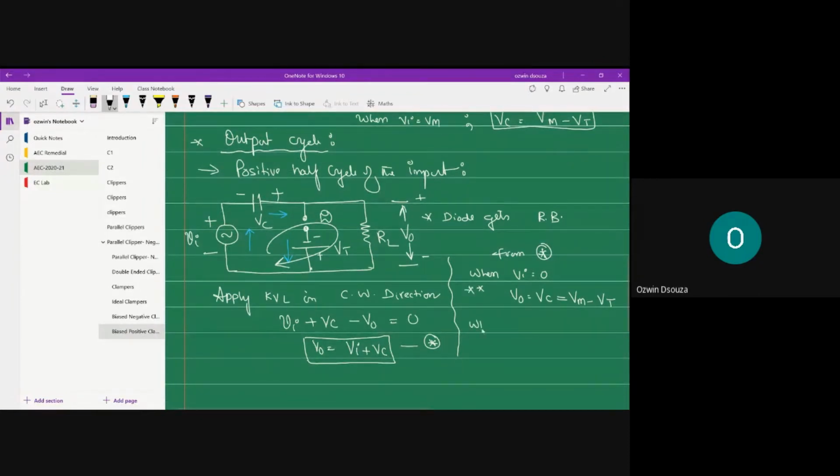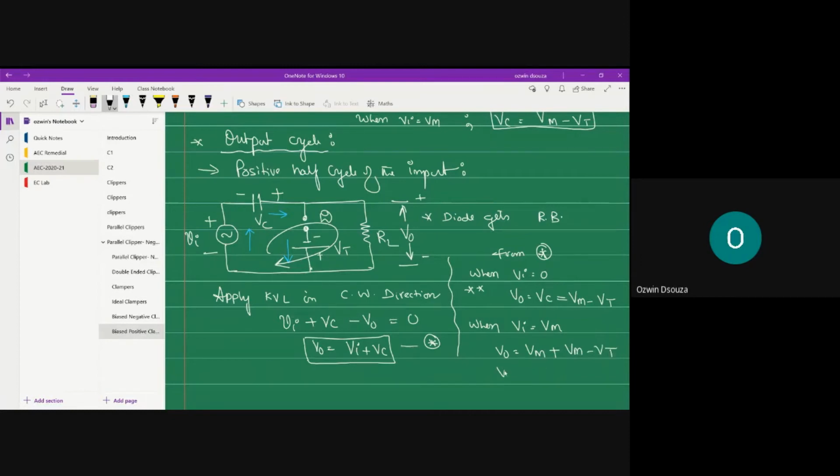On the other hand, when your input rises to positive maximum, your output will have a value equal to Vi plus Vc. What is Vi? When your input rises to positive maximum, it is Vm. So Vm plus Vc, and Vc we know is Vm minus Vt.